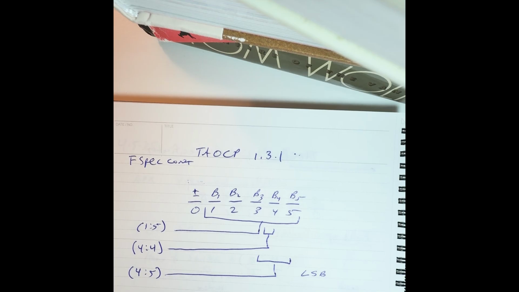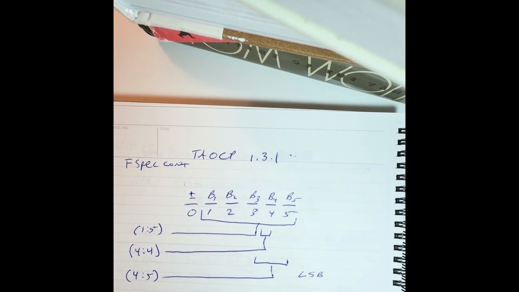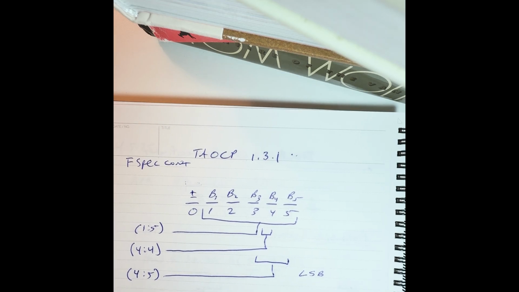And a byte in The Art of Computer Programming is 2 to the 6, which is 64. So plenty of space to represent your field specification using this formula here.